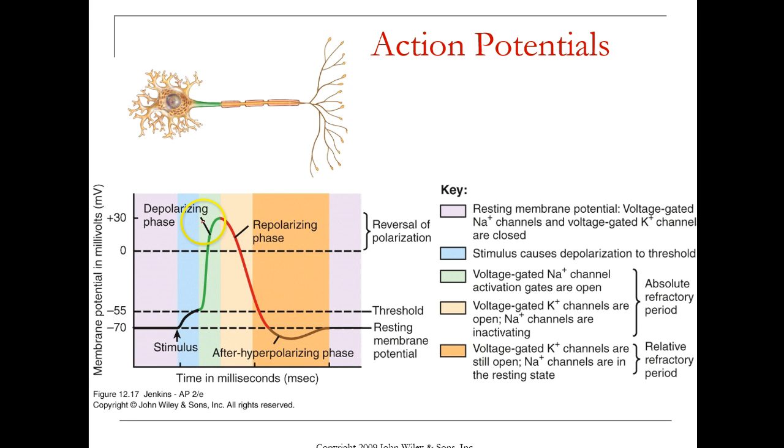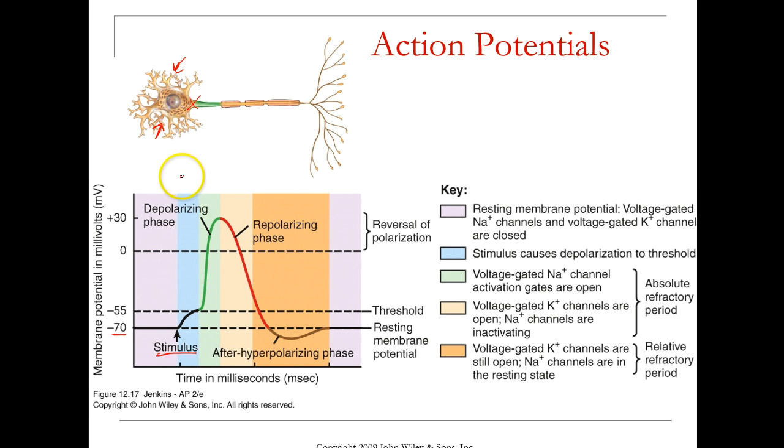But first, let's notice down here we have the stimulus. So we start off at our negative 70 millivolts. That's our resting membrane potential. Somewhere in either a dendrite here or here, wherever you want to pretend it is, or maybe right at the neural cell body, you get a graded potential, and it sums up until we get right here, where we will see our trigger zone.